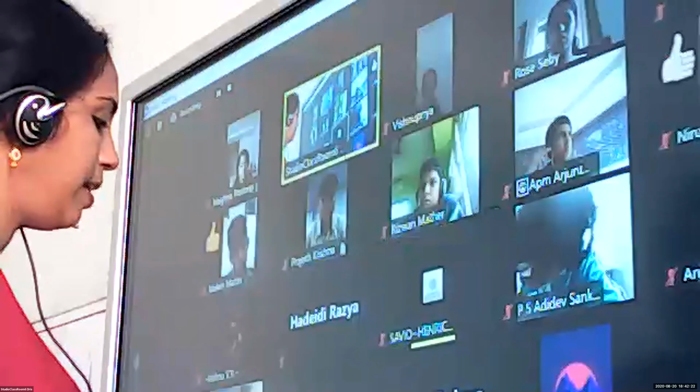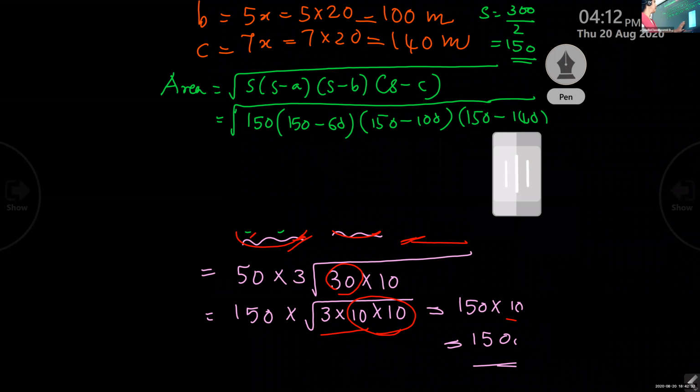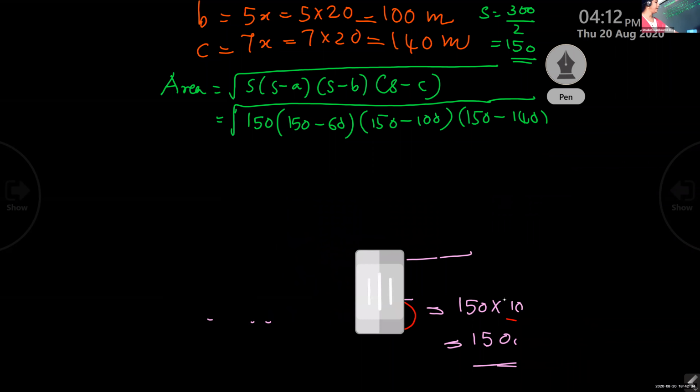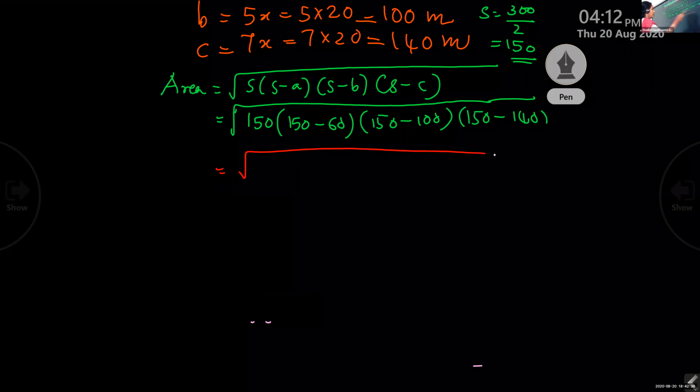Oh, should I explain it once again? I'll erase the board and explain. See, children? Our question, in this we have 150 into 90 into 50 into 10.